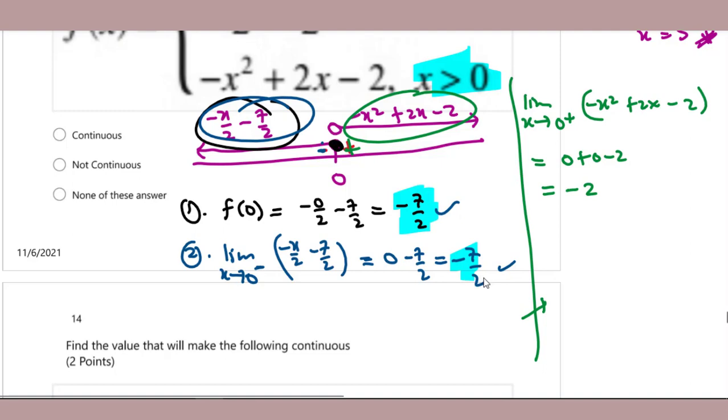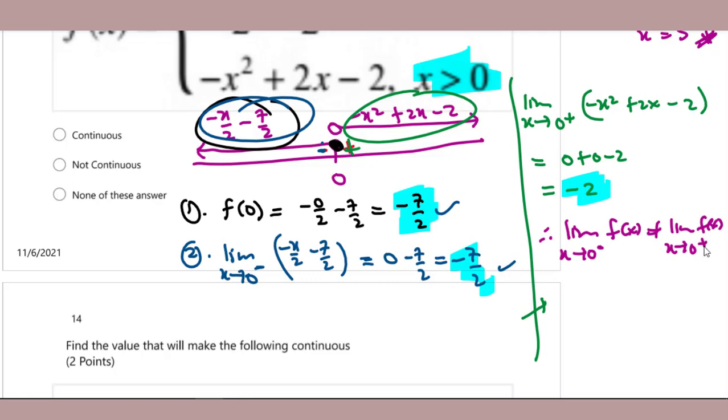This one is equal value, but this one is not equal. There we can conclude limit f(x) as x approaches 0 from left is not equal to limit f(x) as x approaches 0 from right. Therefore, limit f(x) as x approaches 0 does not exist.